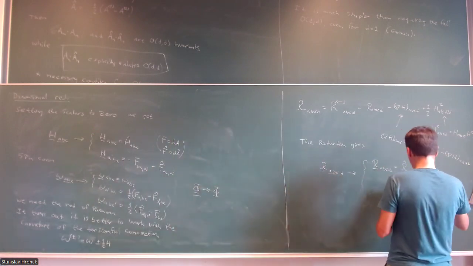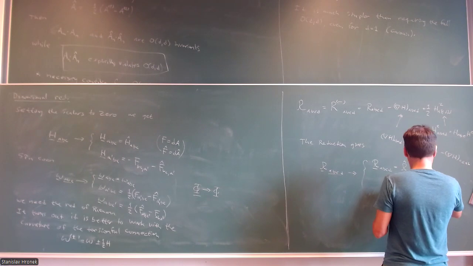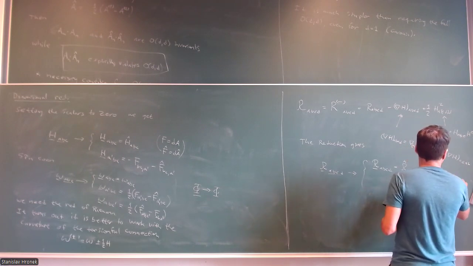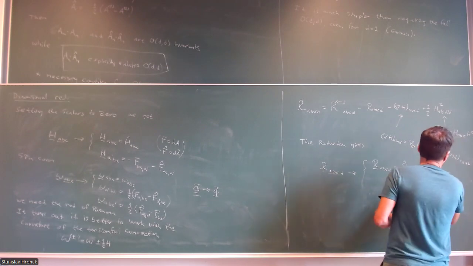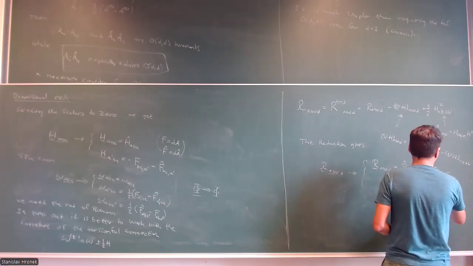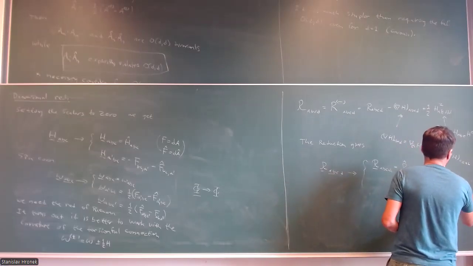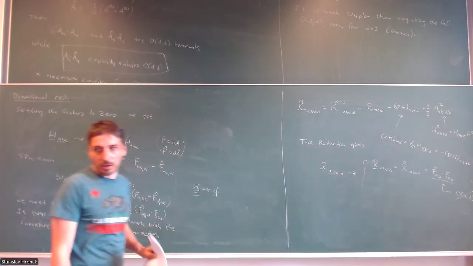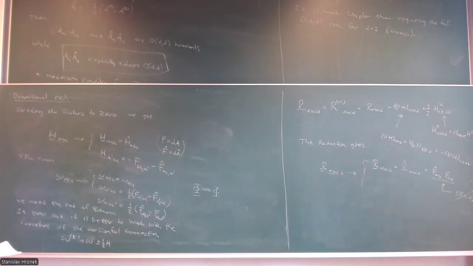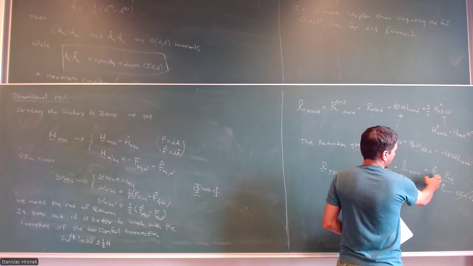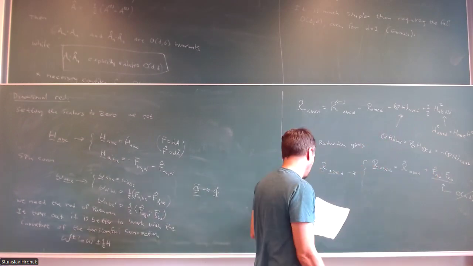But we get one more term here, which is F. This term is not compatible with O(d,d). It's explicitly violating it. So that term is very important for us, because it has to cancel out in the end.